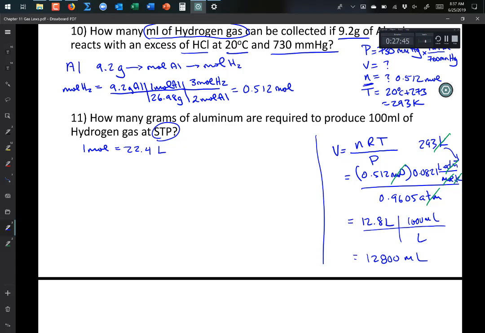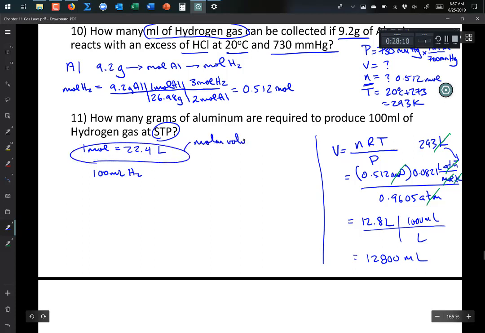1 atmosphere pressure. So it says 100 mils of hydrogen gas, right? How many grams of aluminum are required to produce 100 mils of hydrogen gas at STP? What we're going to do is the following conversion. We have 100 milliliters of hydrogen. We're going to use the molar volume of a gas and convert that into moles.